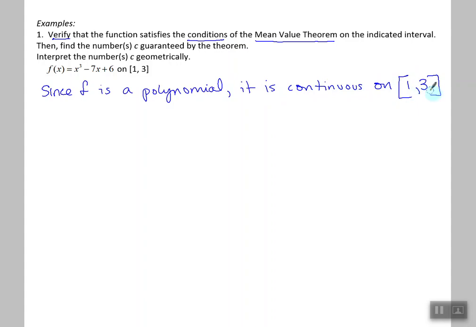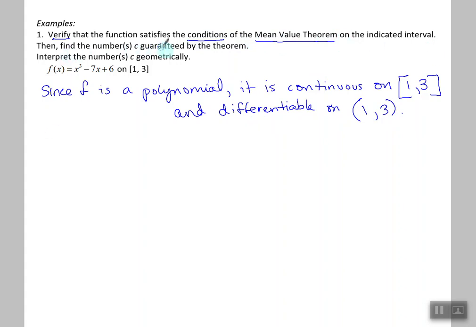Therefore, it has to be continuous on the closed interval from 1 to 3, and it is differentiable on the open interval from 1 to 3 because we don't take derivatives at endpoints. So here we've verified that the function satisfies the conditions of the mean value theorem on the indicated interval.